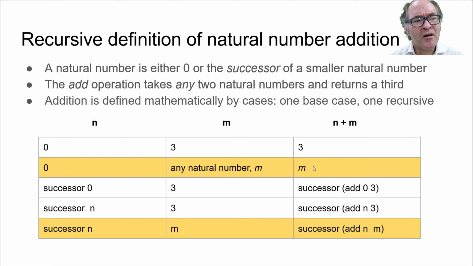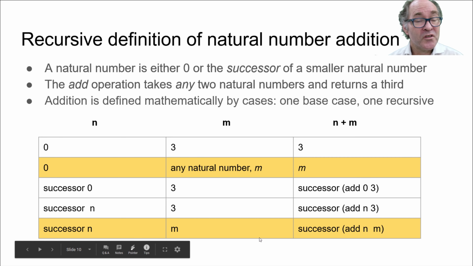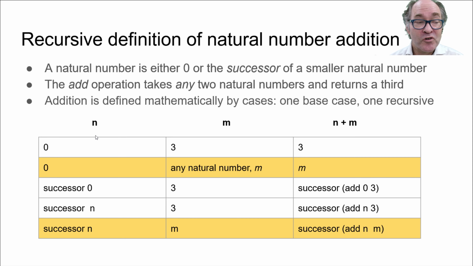So what we've done here is we've given two rules, the second one of which is recursive, because we're applying the addition operator to compute the result of adding successor of n and m. We're applying that very same operation to a smaller problem of the same kind. So we have these two rules, one base case, as we call it, one recursive case. The cases correspond to the two possible ways in which we could build the first argument.